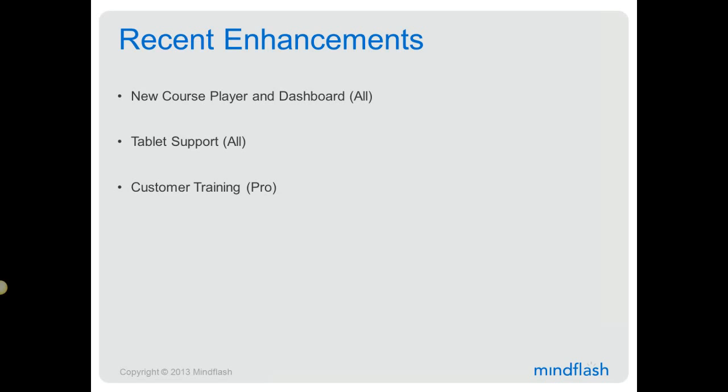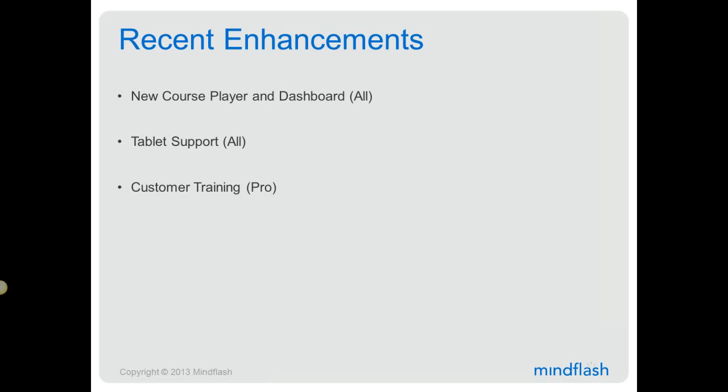So aspects of this that you'll see are custom domain, course catalog. There's the ability to turn off any Mindflash branding and effectively white label the product. A bunch of different options there that allow you to really make it your own product and present it to your trainees.